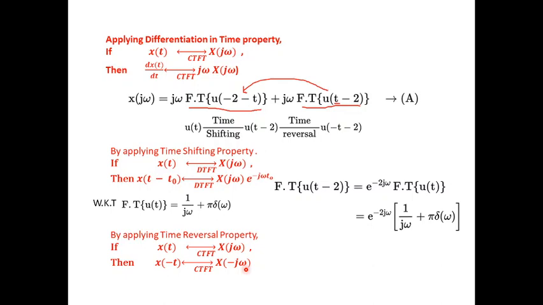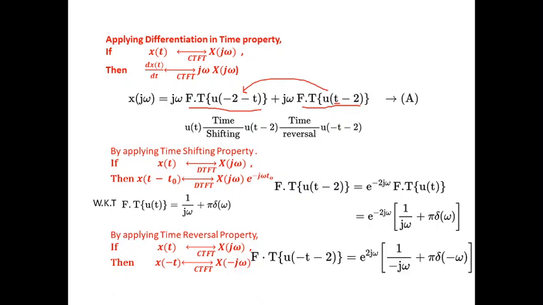Applying that property, we know that the Fourier transform of u of t minus 2 is this, right? So what will be the Fourier transform of u of minus t minus 2? That is just time reversing. So wherever you have omega, it will be replaced by minus omega.